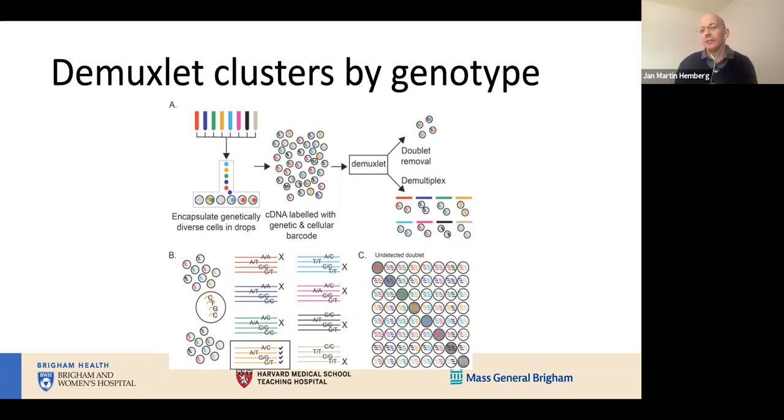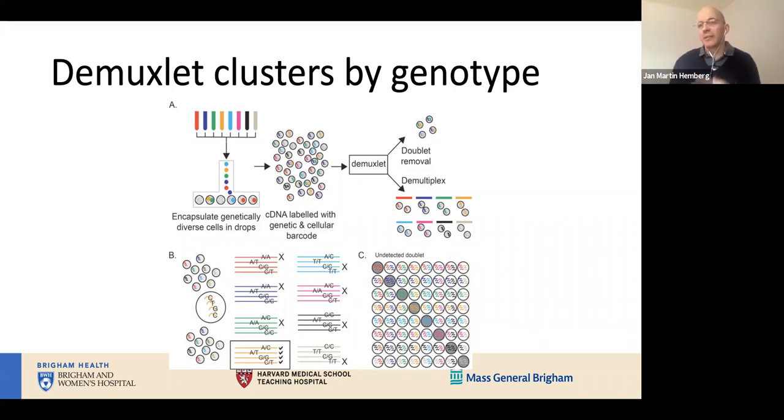And then we can use information about the different variants from SNPs in these cells to demultiplex the cells later, and so basically identify which donor each of the cells came from.